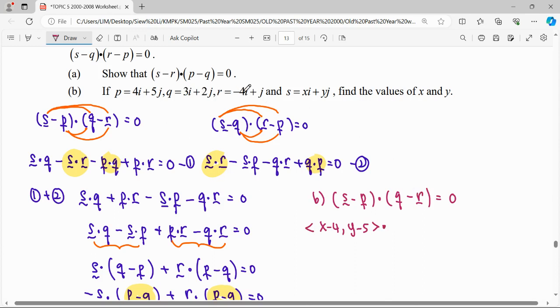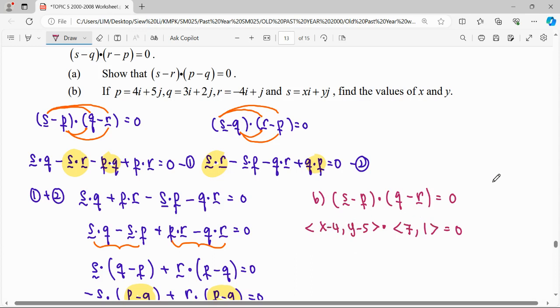So Q minus R here will be 3 minus negative 4, which gives us 7. And then for the j, 2 minus 1, 1. So from this, we do our dot product, x with x, y with y.